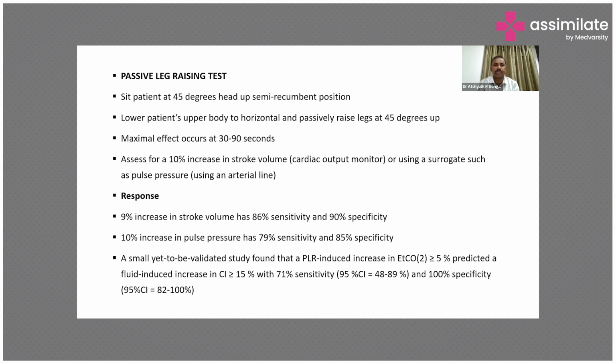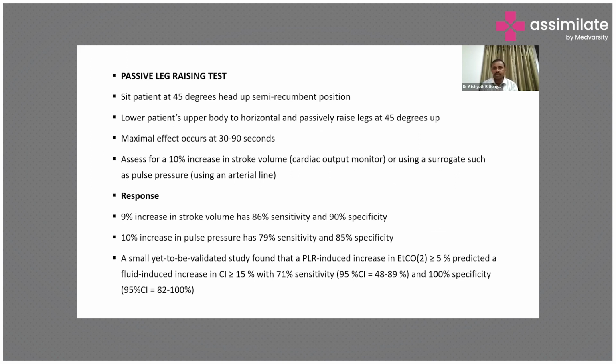So how do we do this? You initially get the patient 45 degrees head up, semi-recumbent position, and then lower the patient's body to horizontal, followed by passively raising the legs to 45 degrees up.